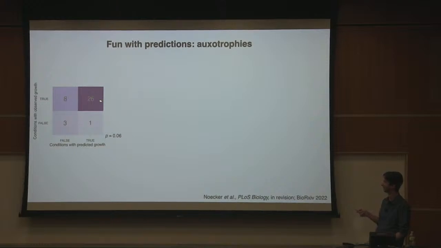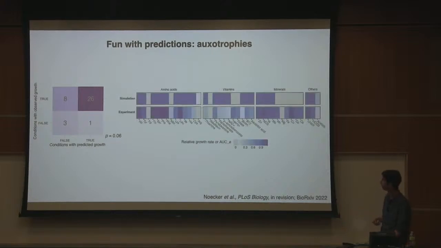For 26 nutrients in the defined media, the model and our experiments agree there will be growth. For 3, they agree there will not be growth, and then you can see some of them disagree. And so that individual overlap is just shown here.